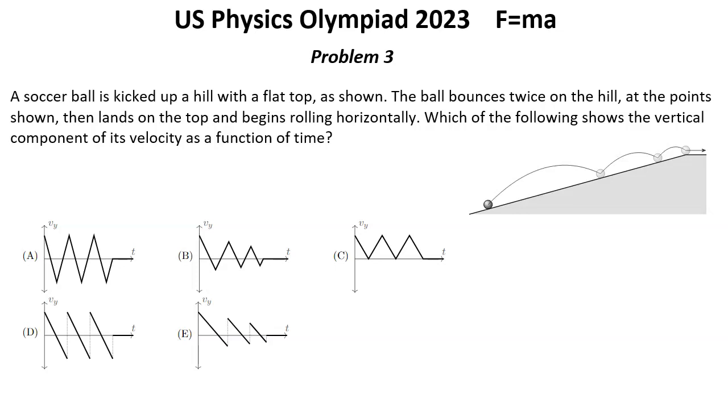To decide between the two, we note that the typical vertical velocities shown in the figure get smaller as the ball nears the top, so the correct choice is E. And that was a solution for problem number 3.